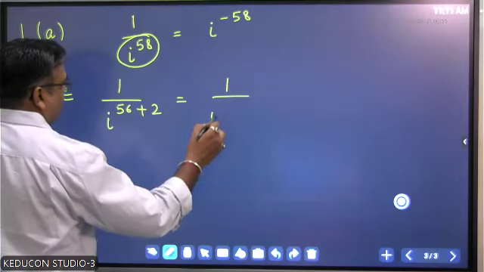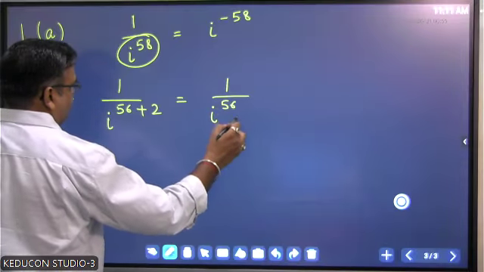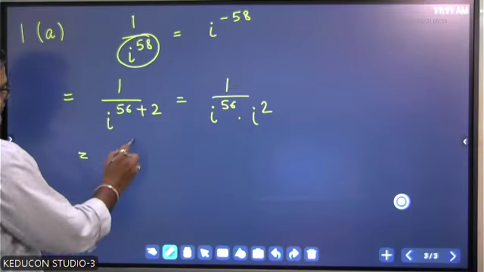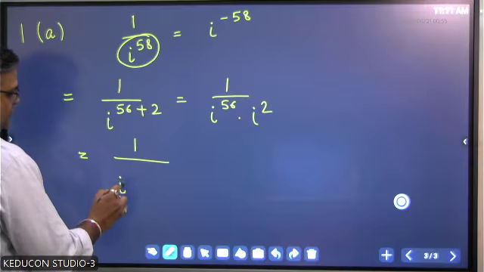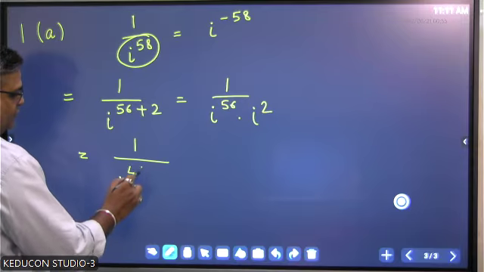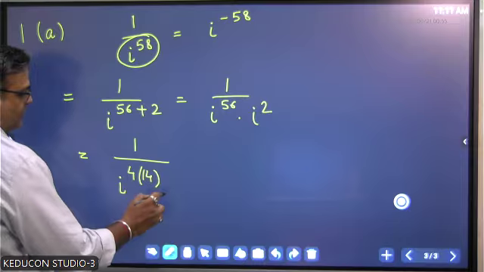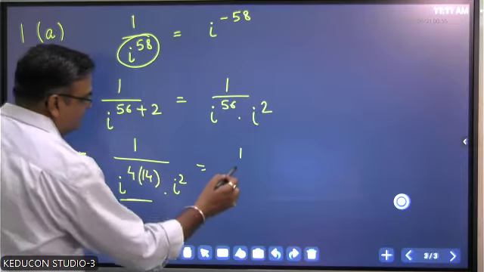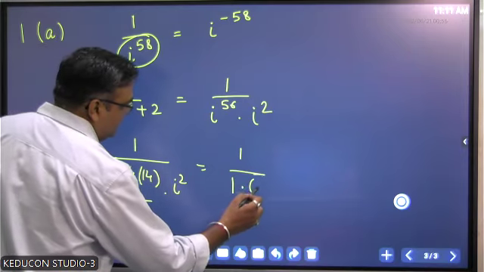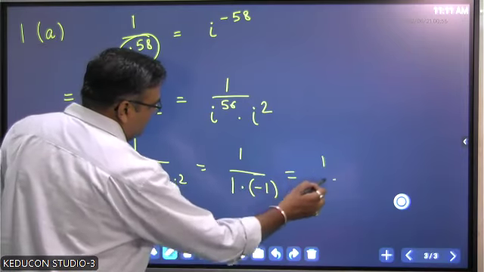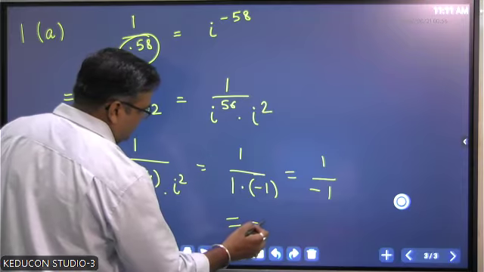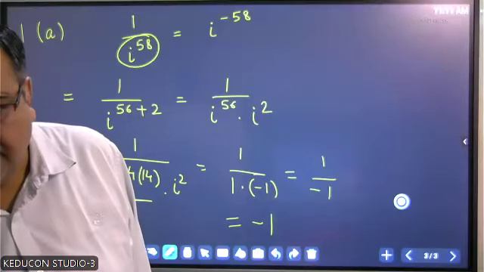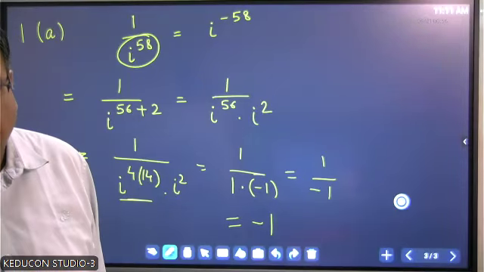So it can be further written as 56 into iota square. 1 upon iota raised to power 56 can be written as 14 fours into iota square. This part will become 1 and iota square will be minus 1. So hence it is 1 upon minus 1, which is minus 1. Is it clear, students?